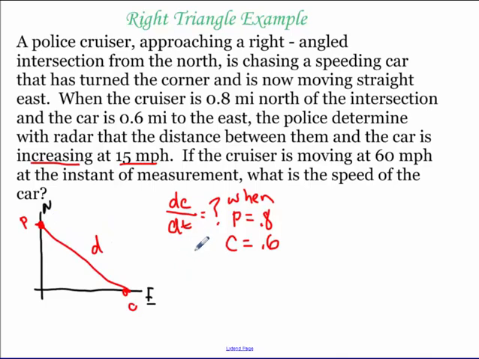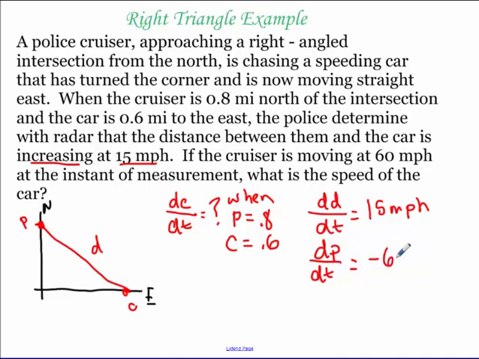We know dd dt is increasing at a rate of 15 miles per hour, because that's a rate. Miles per hour is a rate. And cruiser's moving 60 miles per hour. So our police are moving at a rate of negative 60 miles per hour. The reason it's negative is because he's moving towards the intersection.